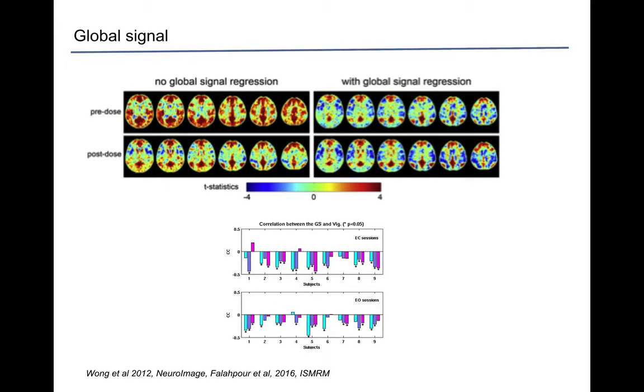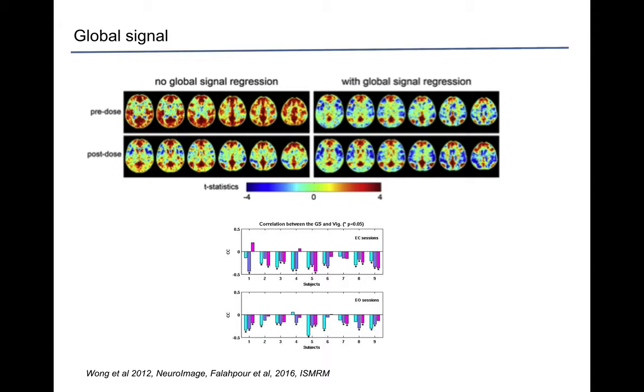The next thing is global signal regression, or basically including the global signal in your model. Global signal is defined as the average of all the time series in the brain. The idea is that it represents something which is global, and that's not how the brain works.